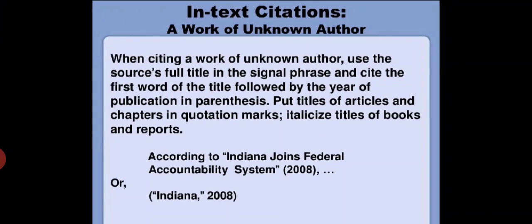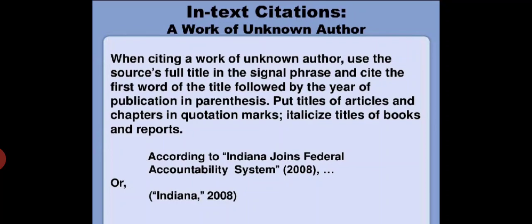In-text citation, a work of unknown author. Sometimes you want to give a reference or citation of a work whose author is unknown. What would you do in that case? When citing a work of unknown author, use the source's full title in the signal phrase, or cite the first word of the title followed by the year of publication in parentheses.